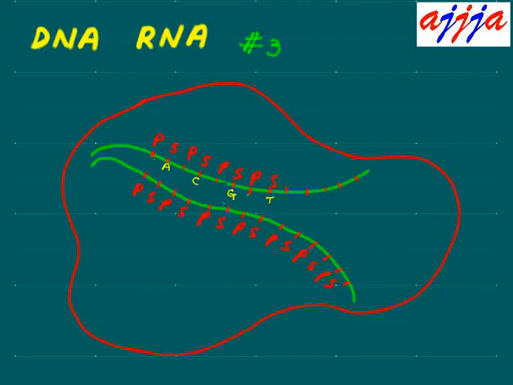Look at this double helix from DNA. DNA is a double helix or double strand, RNA is single. Look at this one: the P stands for phosphate, then sugar, phosphate, sugar, phosphate, sugar. It's a backbone, like our backbone.